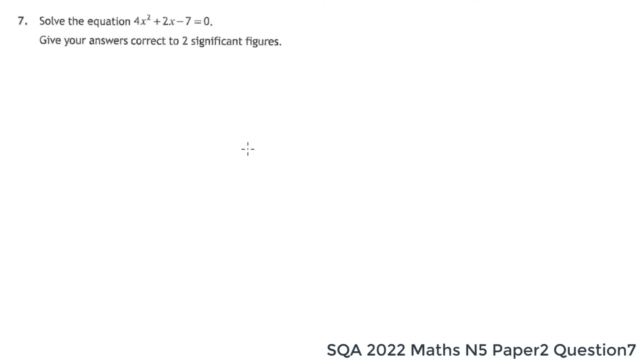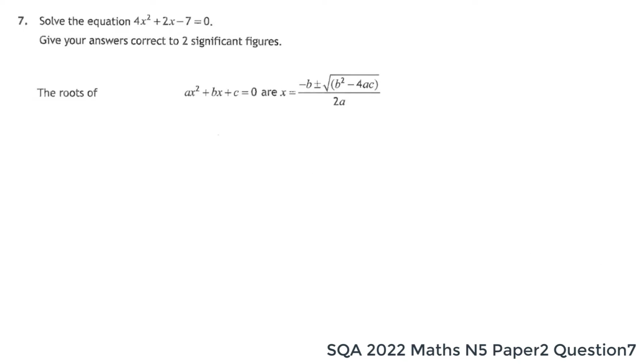Now, the quadratic formula you are given at the front of your exam paper in the formula sheet. It says the roots of ax squared plus bx plus c equals 0 are this expression here. And we have to compare this ax squared plus bx plus c equals 0 with the given equation to find out the values of a, b and c to plug into this hefty formula here.